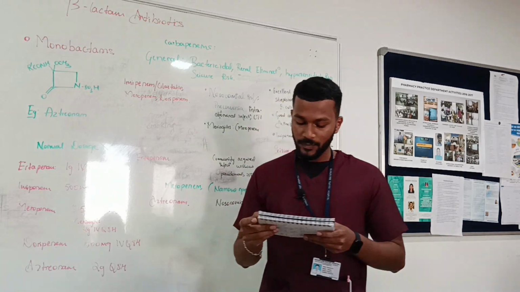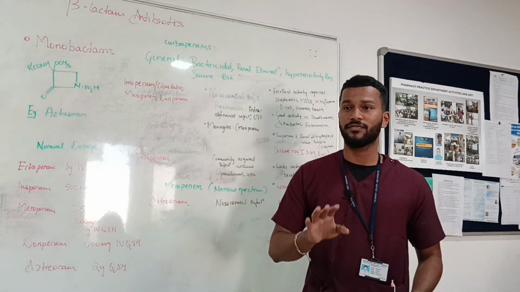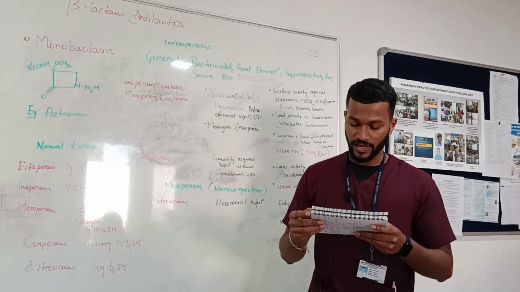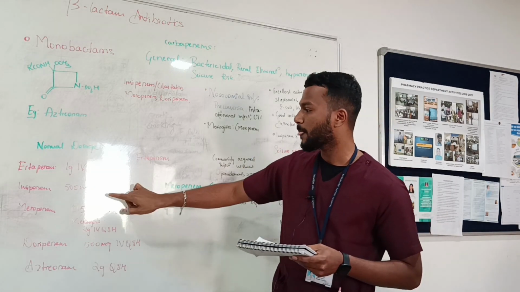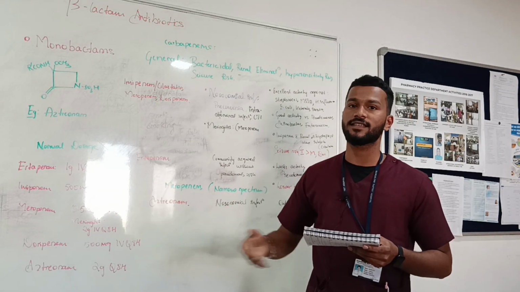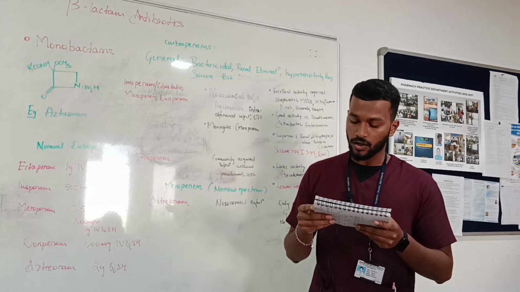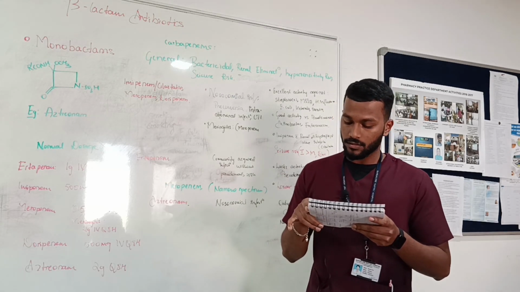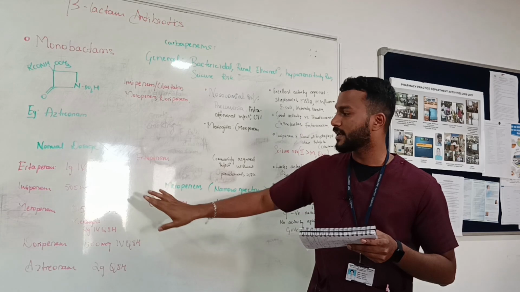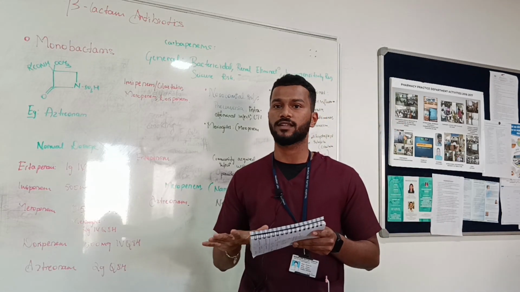And also meropenem: if the creatinine clearance is 25 to 50 ml per minute, we have to give 1 gram or 500 mg every 12 hours. So we have to do a dose frequency adjustment. Also if the creatinine clearance is less than 10 ml, we have to give 500 mg every 24 hours.